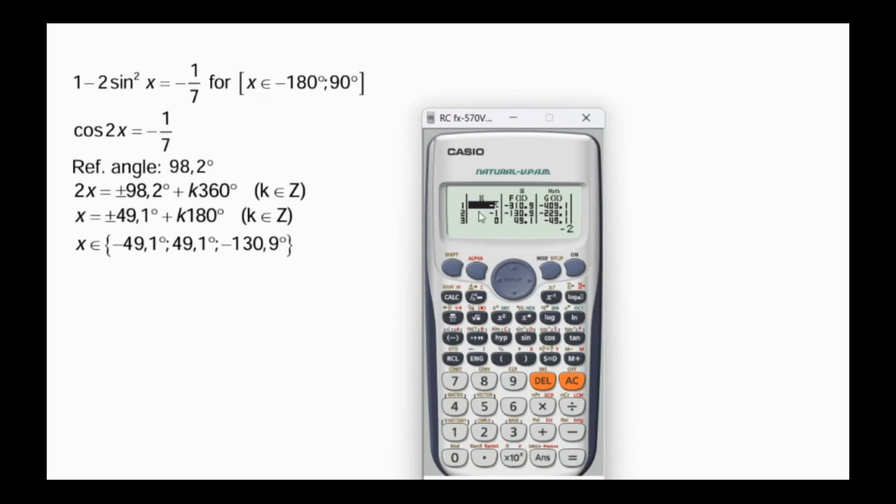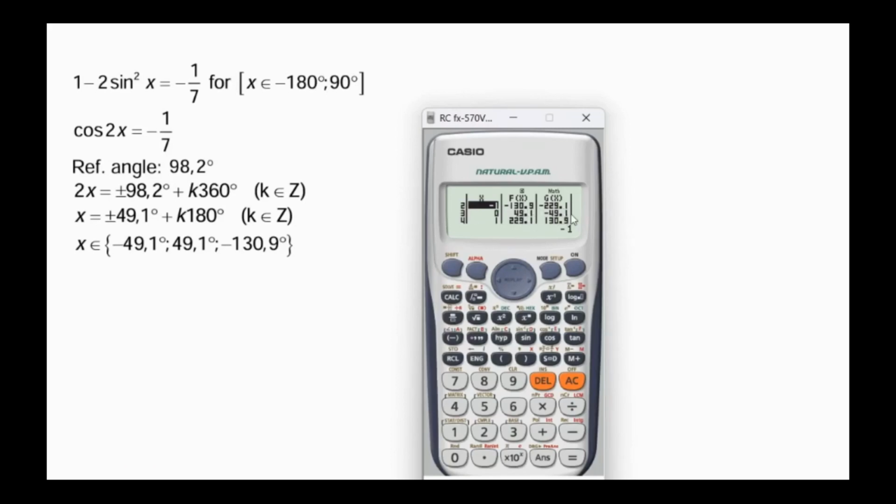So you check your solutions, the ones which are between negative 180 degrees and 90. We have negative 130.9, we have it there. We have negative 49.1, it's one of the solutions there. We have positive 49.1, which is also one of the solutions there. Maybe let's check the other ones. These ones are outside our domain. So we just have these three.